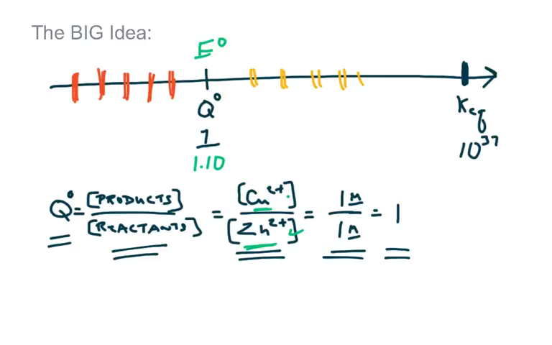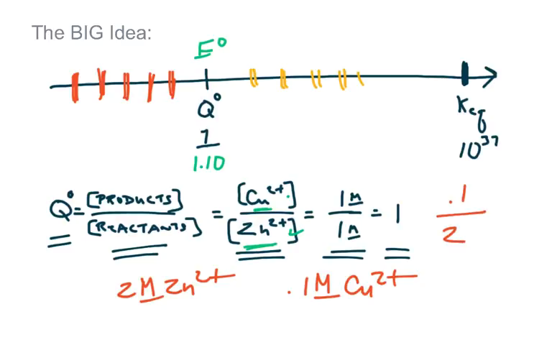So when we get a problem that says maybe I have a 2 molar solution of zinc, and let's say I have a 0.1 molar solution of copper ions, what's going to happen to my voltage? Well, all I have to do is figure out my Q, and in this case it would be 0.1 over 2, which is going to be 0.05.